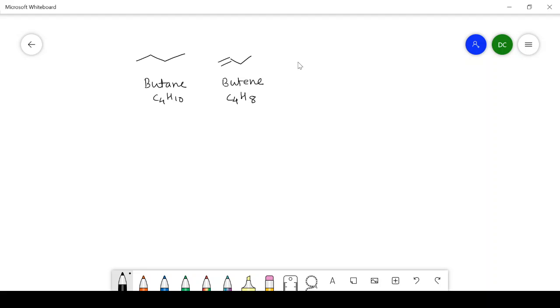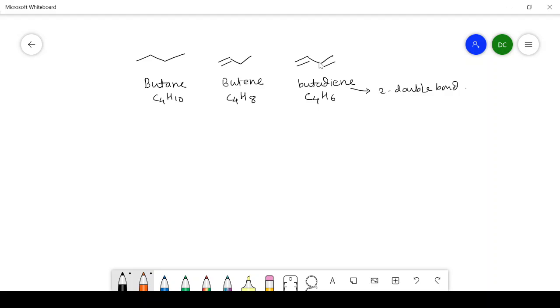Once again, if I put another double bond in the butene, then this butene is converted into a butadiene, and the molecular formula is C4H6. Here the word diene came, and this diene is nothing but two double bonds.